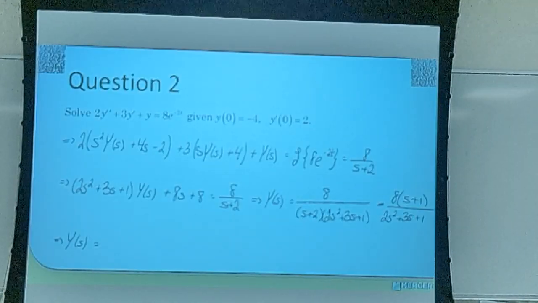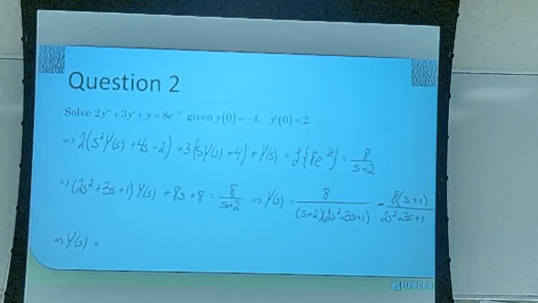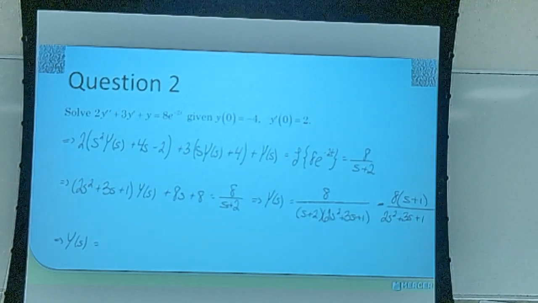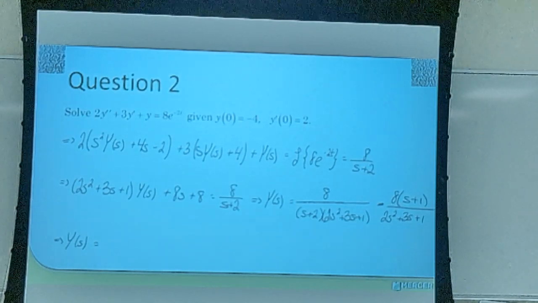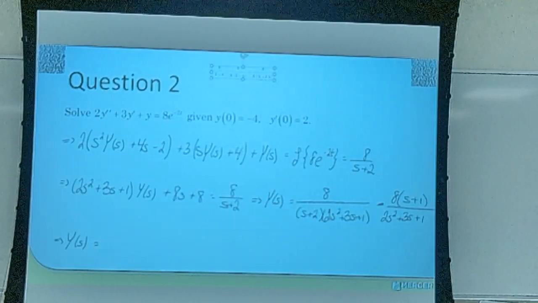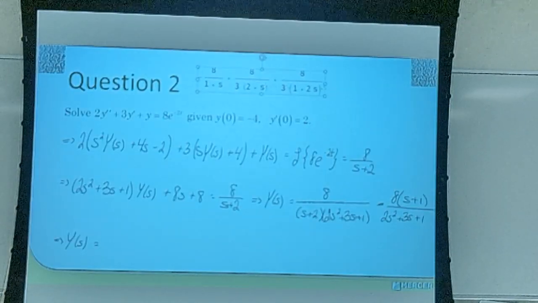Now it looks better. Just put that up there. That's the output from Wolfram.